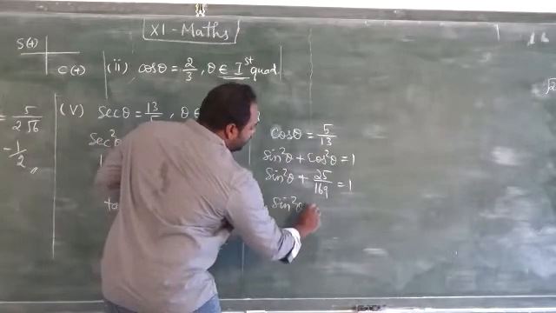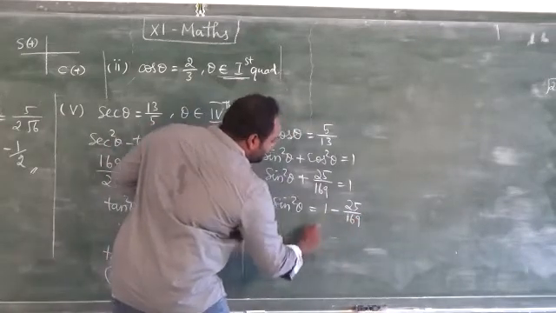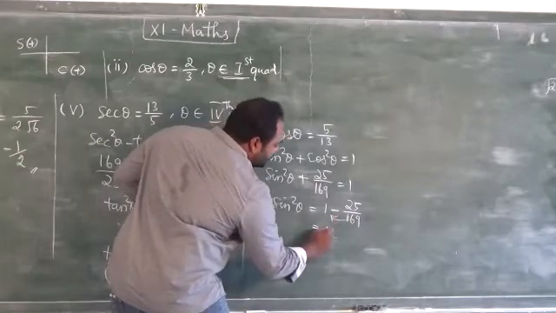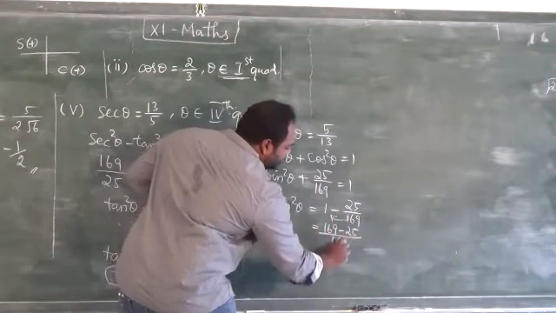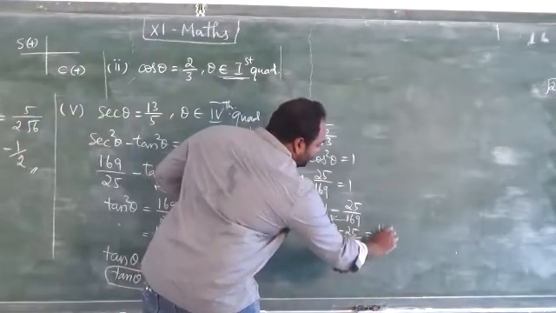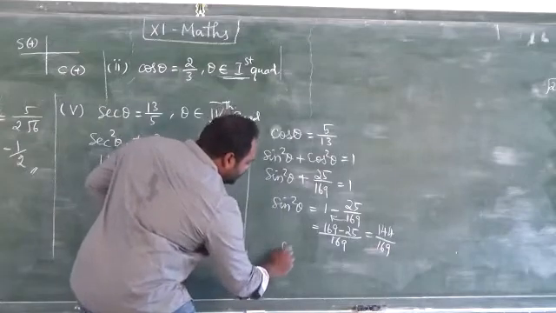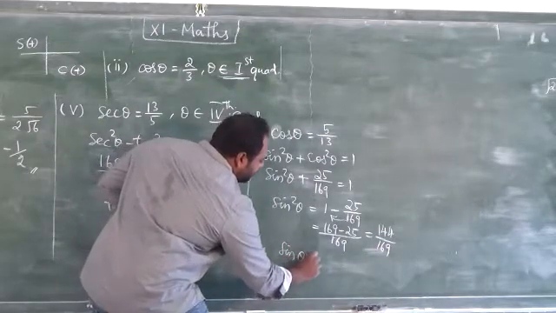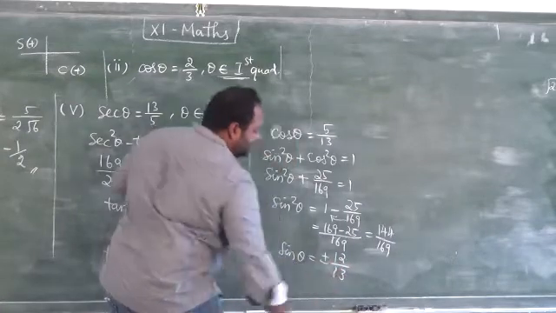Sin square theta equal to 1 minus 25 by 169. Cross multiply, it is 169 minus 25 by 169 equal to 144 by 169. So the sin theta value is plus or minus 12 by 13.